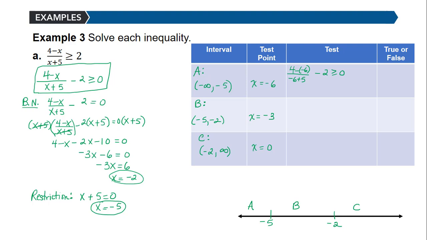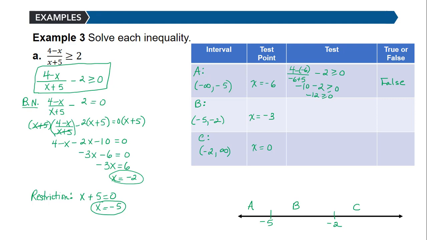So 4 minus negative 6 is 4 plus 6, or 10, divided by negative 6 plus 5, which is negative 1. So 10 divided by negative 1 is negative 10, minus 2. Is that greater than or equal to 0? Well, no, that's negative 12, which is not greater than or equal to 0, so this will be false.